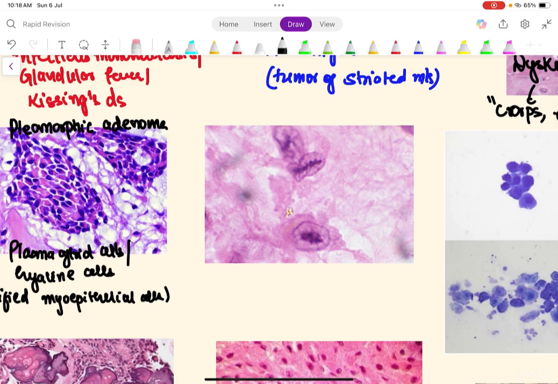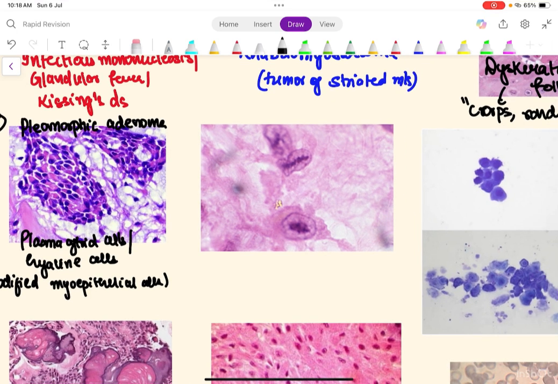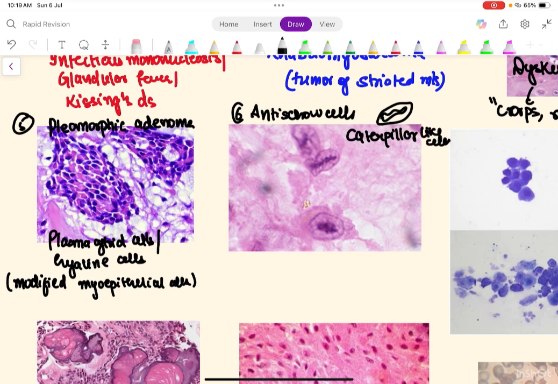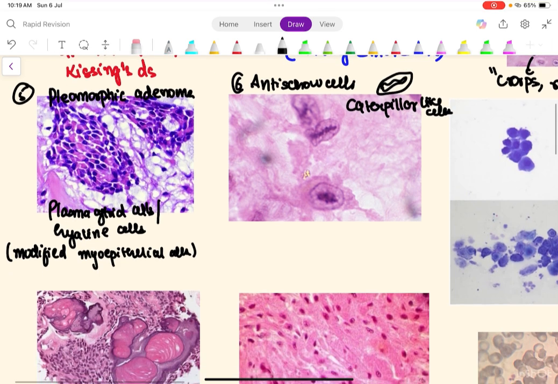Now coming on to the next one. This is something that you need to know, a very characteristic appearance, right? These are anti-Schau cells. This is basically going to look like a caterpillar, so you can remember it as caterpillar-like cells. These are present in a number of conditions.